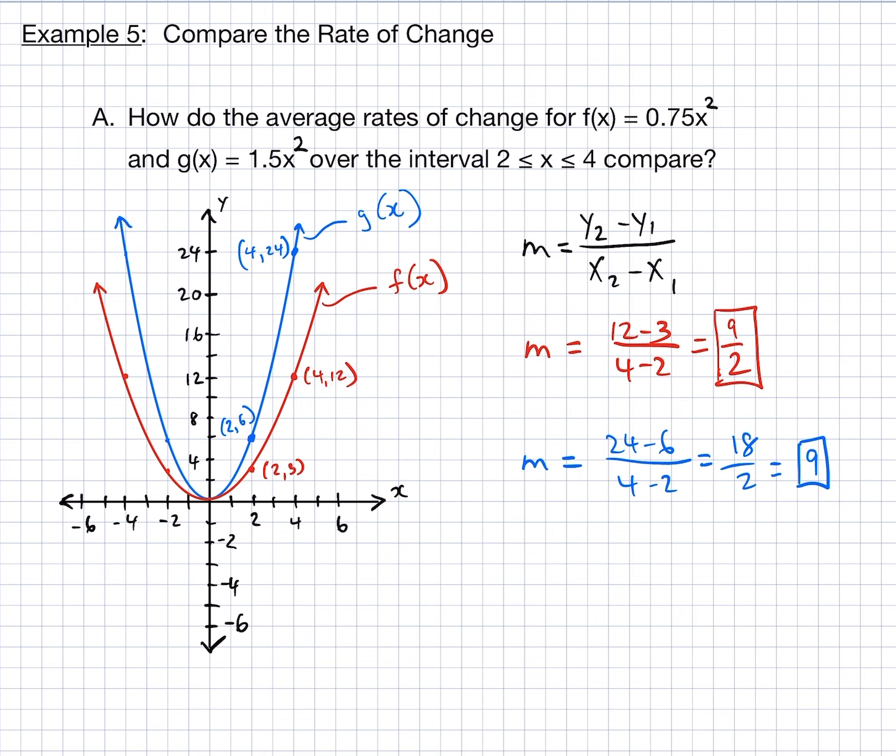Okay, and that makes sense. From here to here, this slope is steeper than from here to here. So what we've noticed is that when the coefficient gets smaller and smaller, so this compared to this is smaller, as it gets smaller, I'm sorry, the other way around.